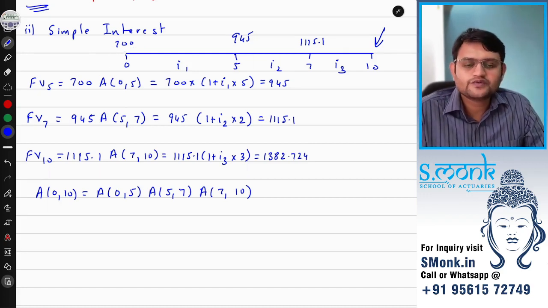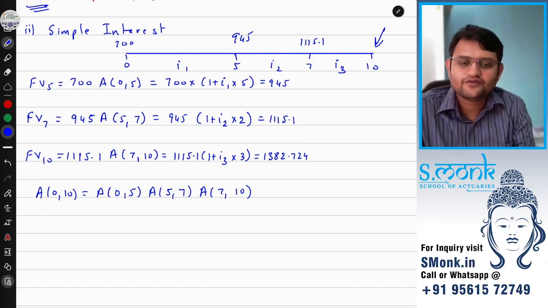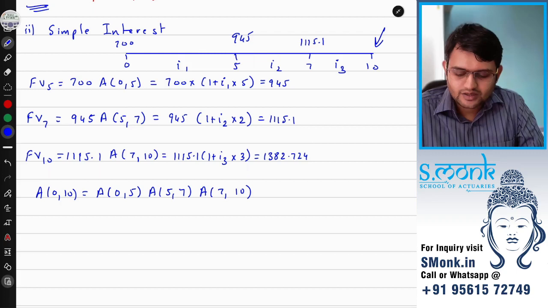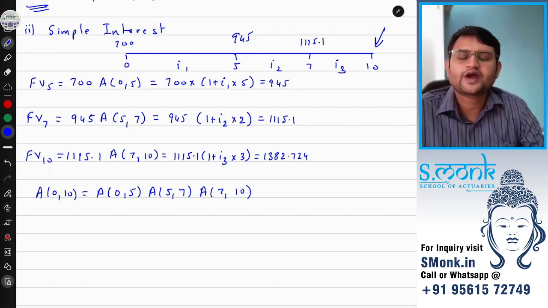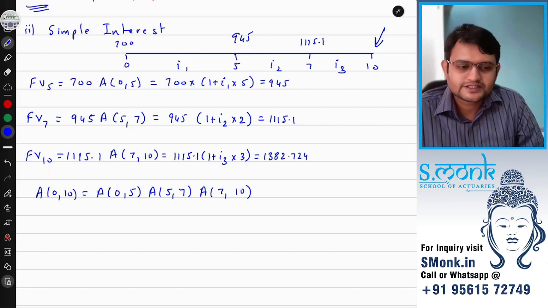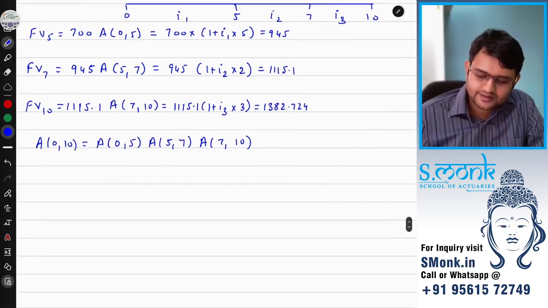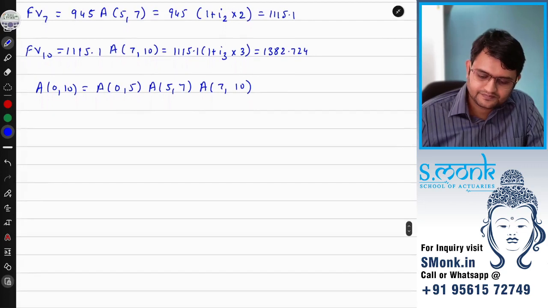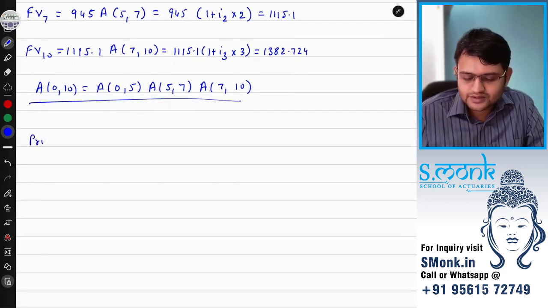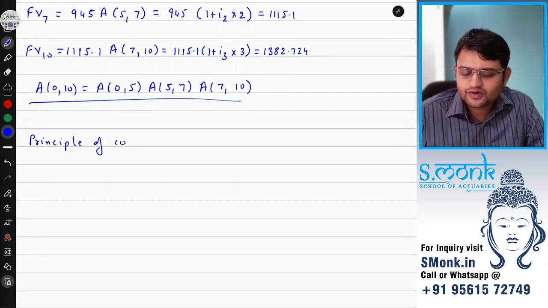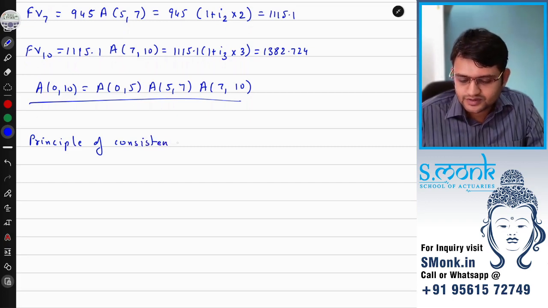Accumulation factors will always be multiplied or divided depending on the situation, but it will never be added or subtracted. You will never see an accumulation factor being added or subtracted to anything. Now this is called the principle of consistency.